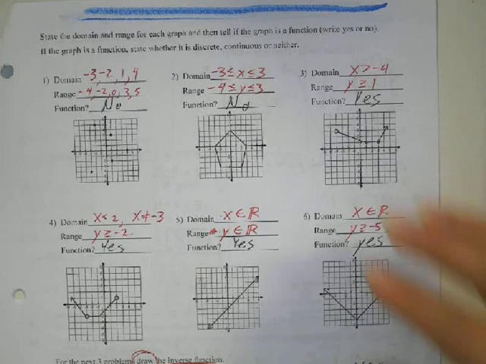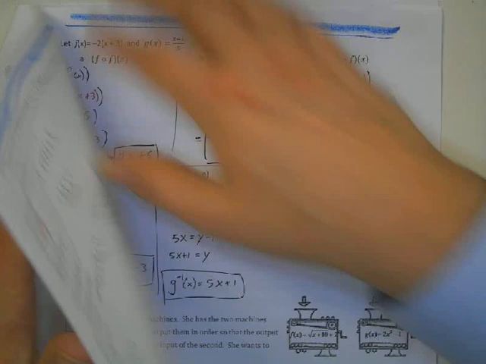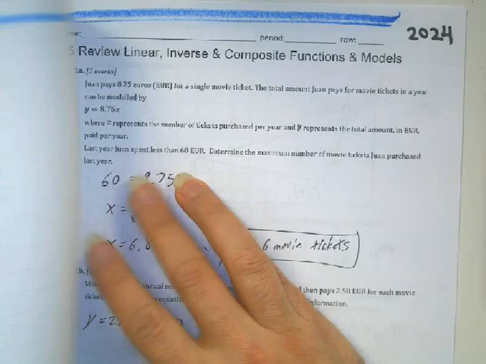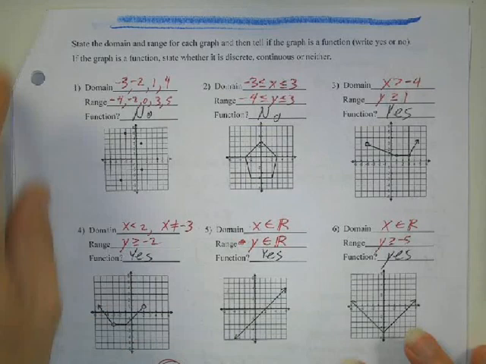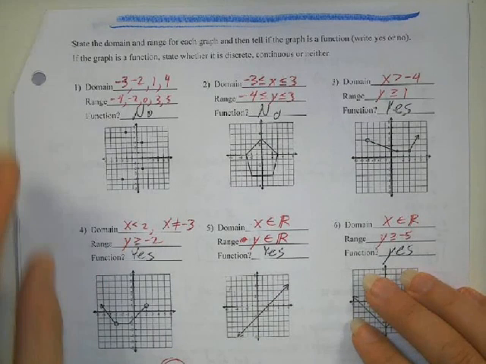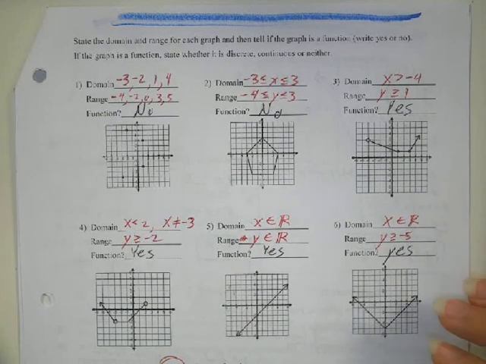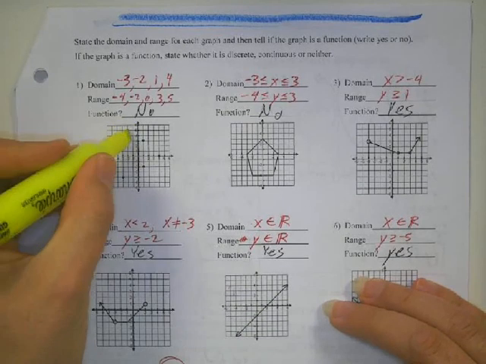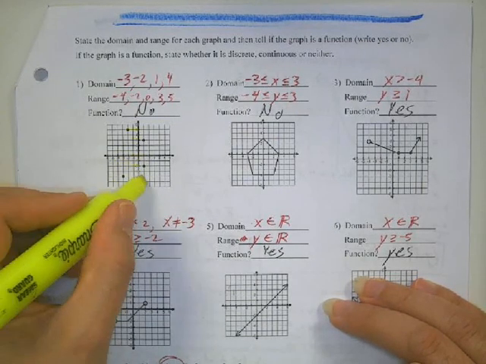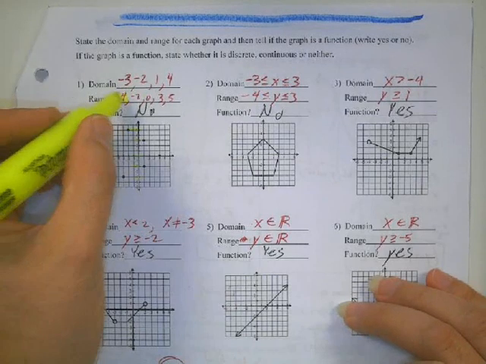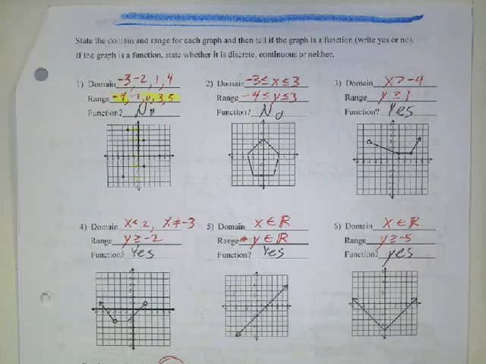Okay, so this is the second part of this review handout. I'm just going to walk through this. As we've talked before, the range is the y values of these points, and the domain is the x values.